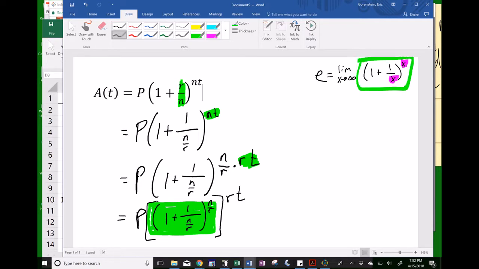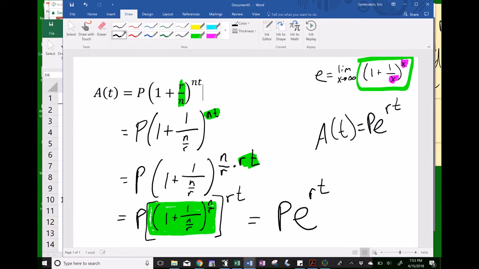So that means as this number, this n over r, whatever this is, so remember n is the number of compounds per year, as that gets infinitely large, this expression in the green box becomes the number e. So we have P(e), and then on the outside of the parentheses we have the exponent r times t. So here's our formula for continuously compounded interest: A(t) equals Pe to the rt.